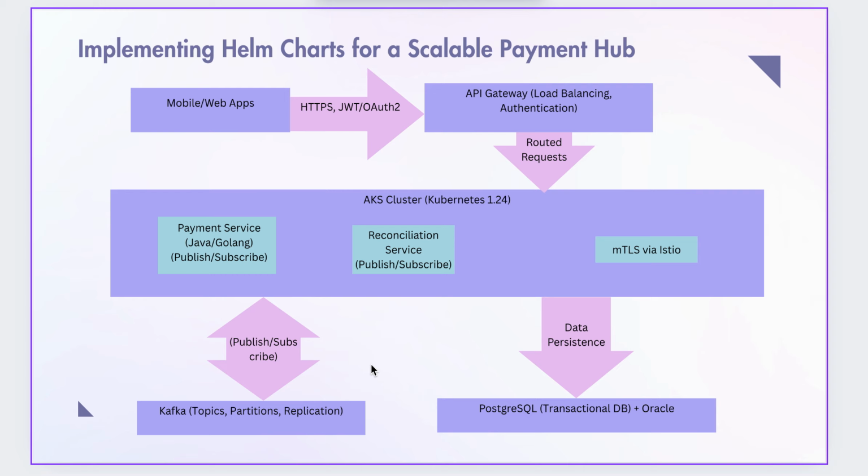The API gateway serves as the central ingress point, routing requests from clients to the appropriate AKS hosted microservices. It handles load balancing, request throttling, and authentication and authorization, validating JWT or OAuth2 tokens using Azure Entra ID before forwarding requests.